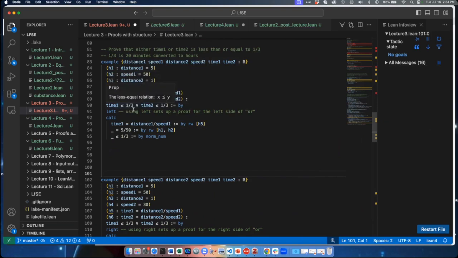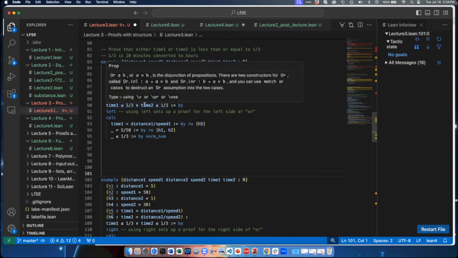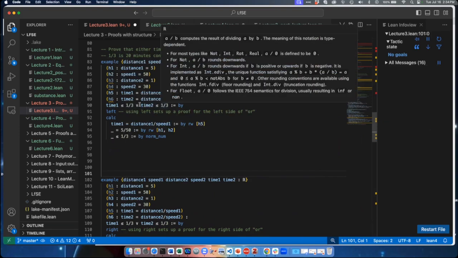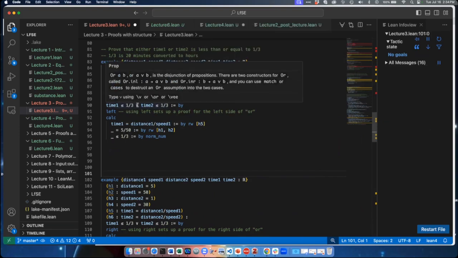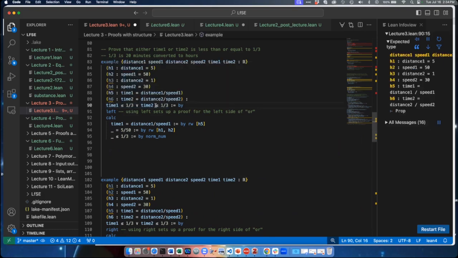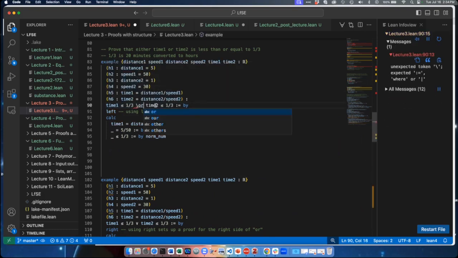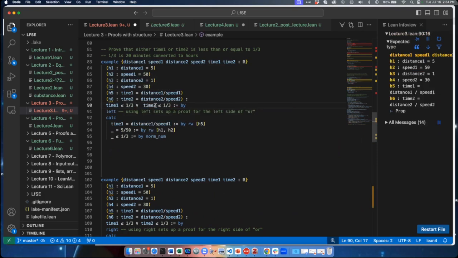The theorem statement is given here: time 1 is less than or equal to 1/3, or time 2 is less than or equal to 1/3. If you want to know how to type these, you can either find one in the literature sometime, or you can just guess things. In this case, I can type /or, and then a space will automatically turn it into the or symbol. And the more you do this, the more used you get to the notation.